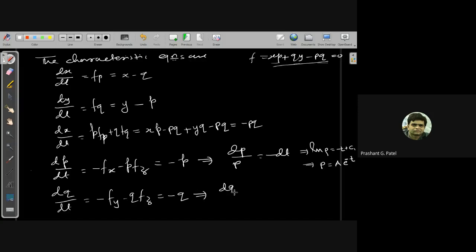This will give me dq by q equal to minus dt. If you simplify in a similar manner, you will have q equal to b e power minus t. These are the two values of p and q we get. And if I use the initial conditions, then we have the values of a and b also. That value we can substitute here.